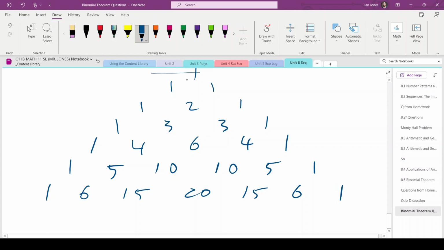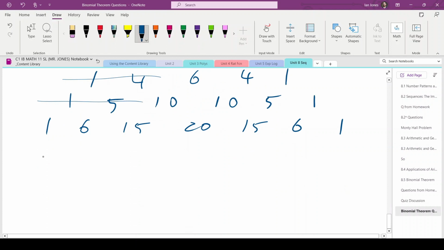Do I have enough? 0, 1, 2, 3, 4, 5. Not quite. One more row to get to n equals 7. 1, 7, 21, 35, 35, 21, 7, 1. Okay, so then these are my coefficients.